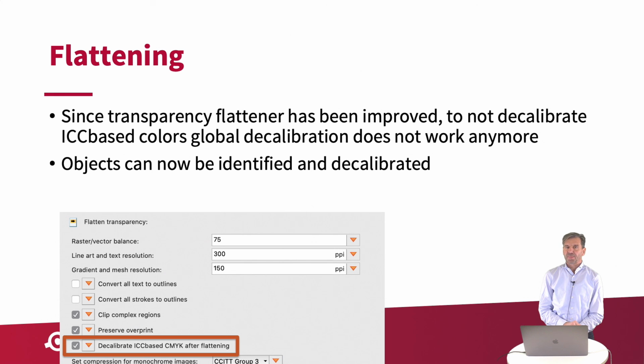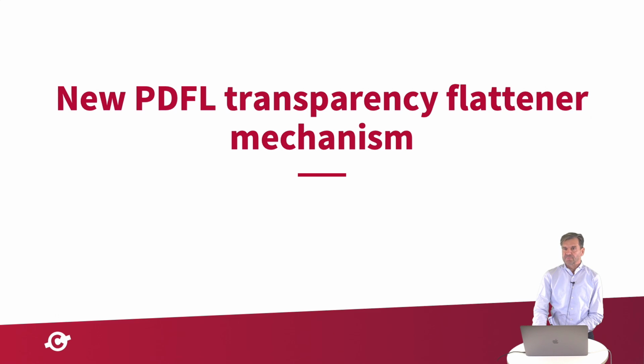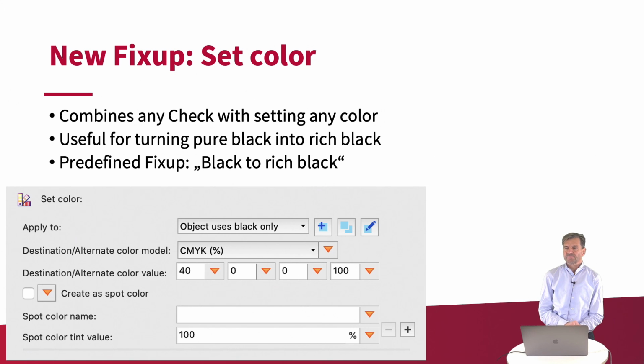There is a question about the previous slide, when you were showing the set color fixup. The question is, how does this color conversion interfere with other color conversion in the same profile? Probably the question is which comes first?